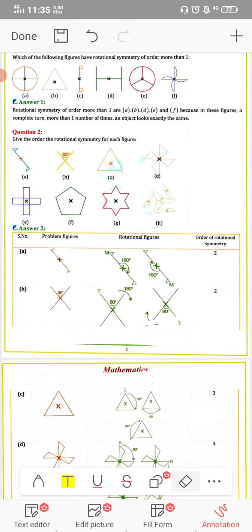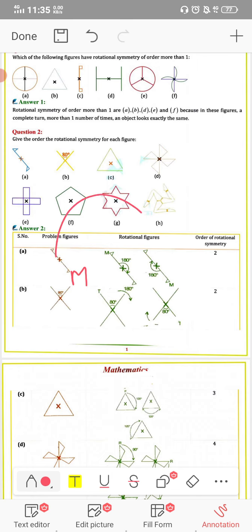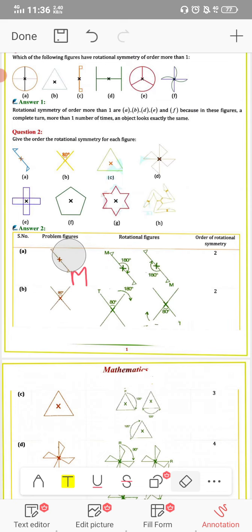And as in the beginning we marked it as point M, we again get the same image. That means the order of rotational symmetry is 2.